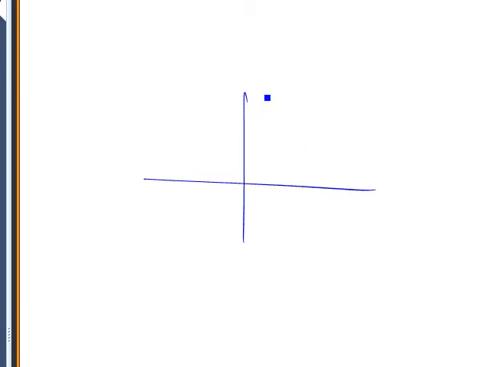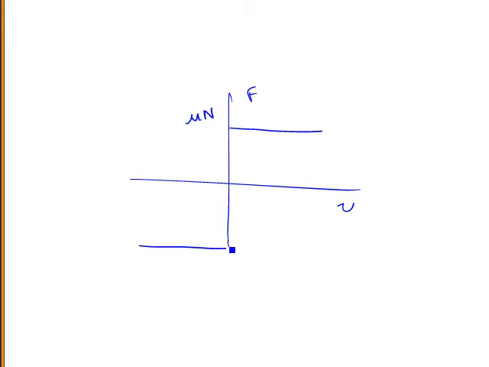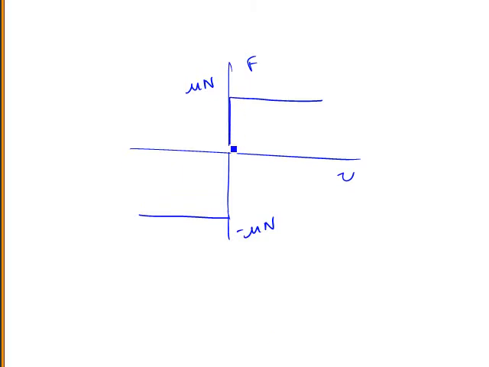So let's see. Here's a plot of friction force. Here's a plot of velocity. Friction force is mu n if I'm going one way, and it's minus mu n if I'm going the other way. And when you switch directions, the slope of that friction function is infinite.